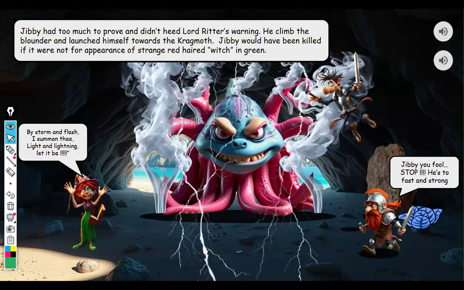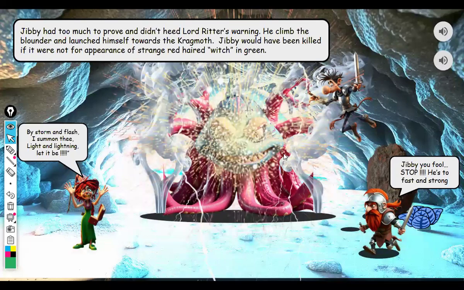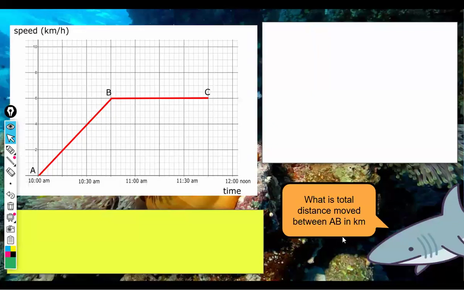Right, and a strange witch appears to help them out. Some real action there for you guys. All right, so we'll see what happens there.